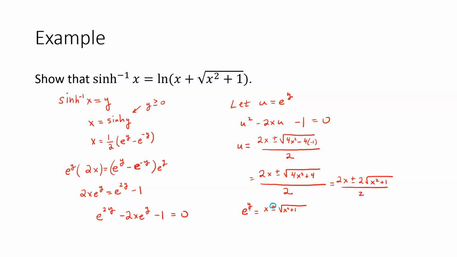But we're basically there. Now we can solve for y to get y equals ln of x plus the square root of x squared plus 1. So we have our formula for hyperbolic sine inverse.